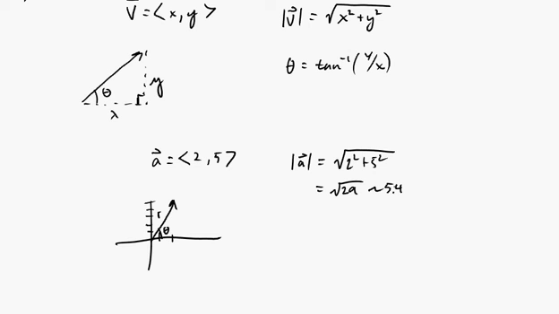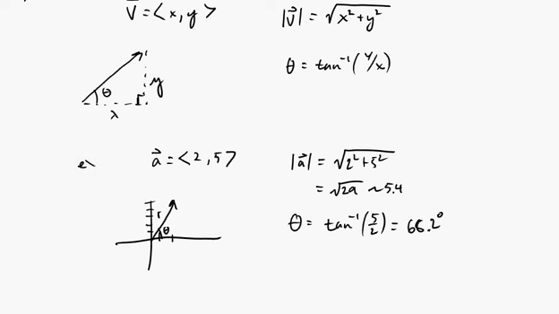Now, if I want to know the angle, I do tan inverse of y over x. So that'd be 5 over 2. So tan inverse of 5 divided by 2, I get 68.2 degrees.